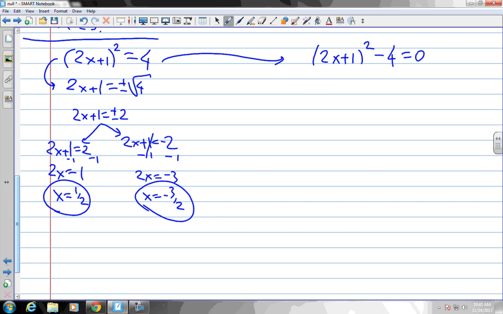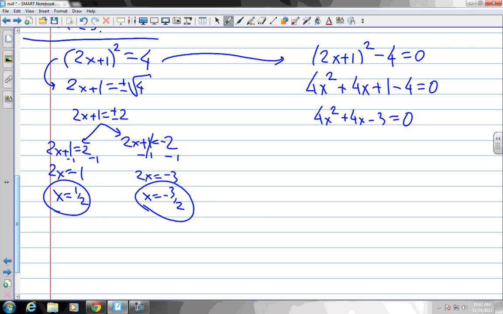Open up the parentheses, so if I square that, that's 4x squared plus 4x plus 1 minus 4 equals 0, right? Squaring a sum. Combine like terms. 4x squared plus 4x minus 3 equals 0. So now I have to factor that.